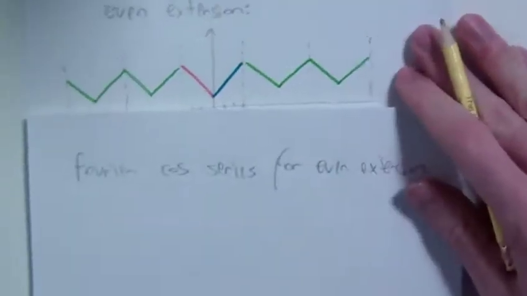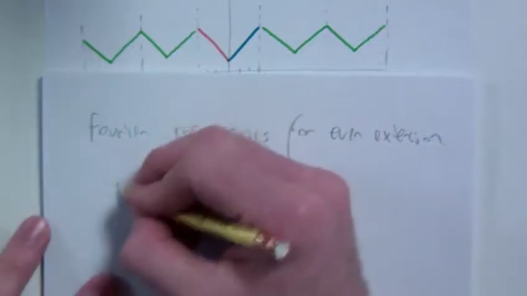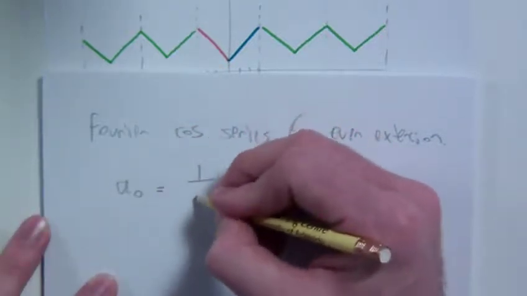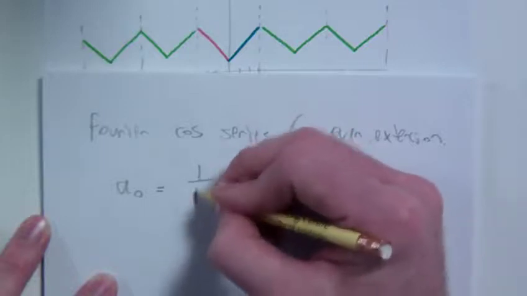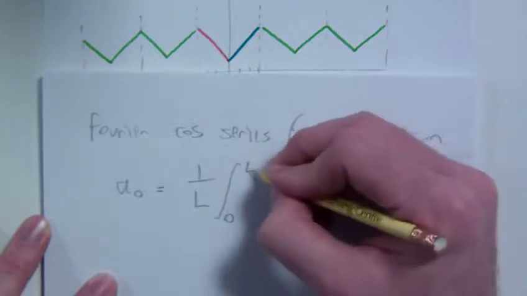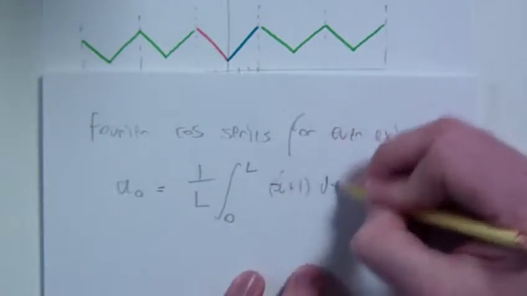My Fourier cos series for my even extension. And I know it's going to be a cos series because cos goes with the even ones. So my A0 will be 1 over, it's normally 2L, but it's only half, but it's twice the size. So it's 2 over 2L, and from 0 to L of my f of x, which is x plus 1. And what's my L? 3, isn't it?